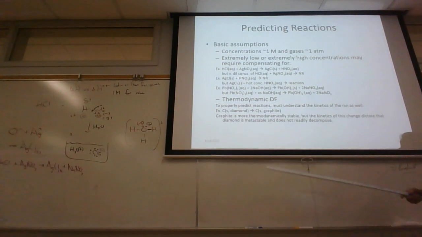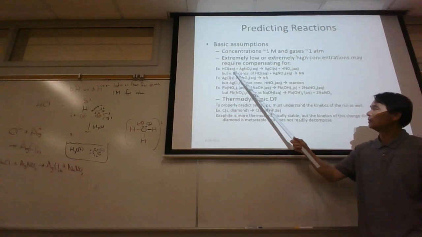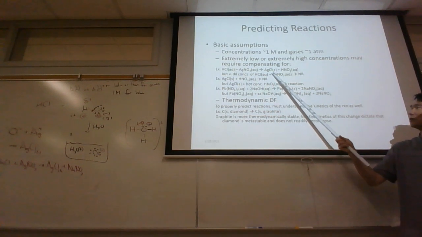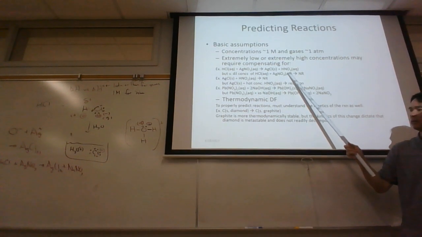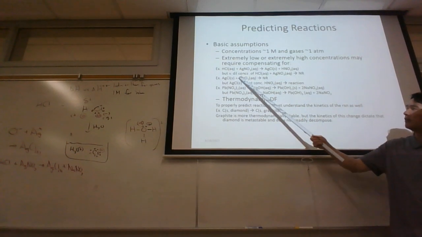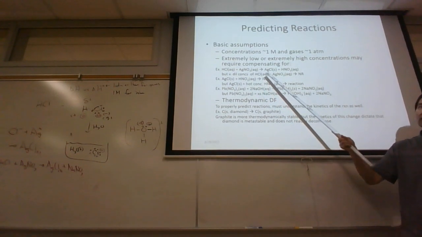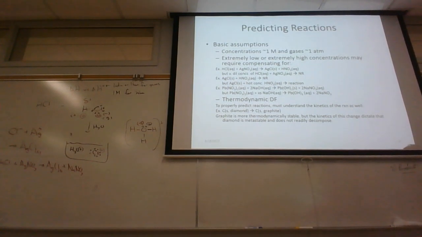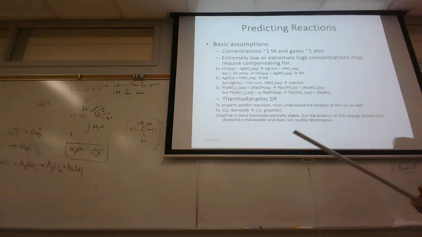So under thermodynamic conditions, if I take HCl and silver nitrate, it's going to precipitate out silver chloride, like I have over there. I'm going to get HNO3. But under very dilute conditions, let's say I tried to precipitate it using tap water, it may or may not precipitate. It depends on the concentration.